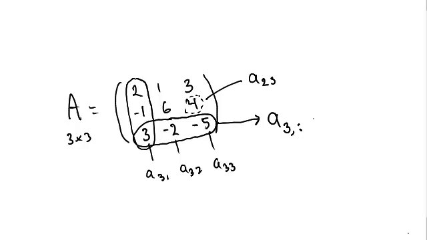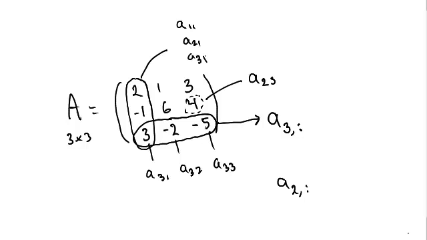In precisely the same way, A2, comma, colon will denote the second row, and so on. If we consider the first column, this consists of the elements A11, A21, and A31.